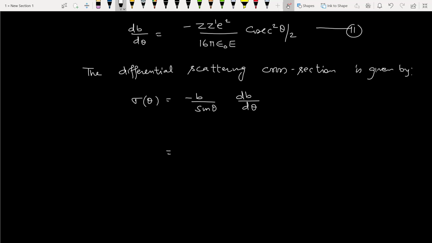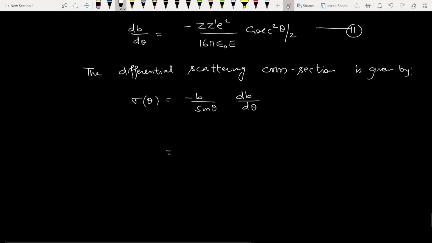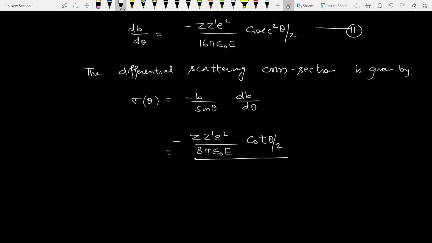So if we substitute the various values, the value of small b is z dash e square upon 8 pi epsilon naught e, with the negative sign already there, cot of theta by 2, and in the denominator we have sine theta, so we can write it as 2 sine theta by 2 cos theta by 2, into minus z dash e square over 16 pi epsilon naught e, cosecant square theta by 2.